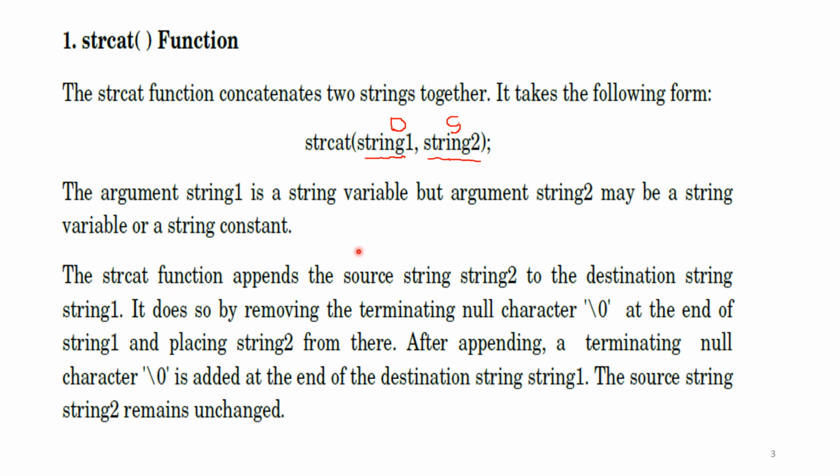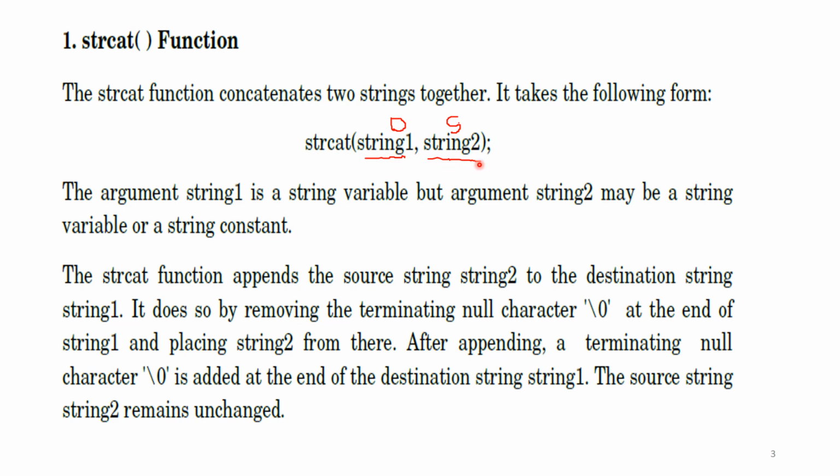The function does so by removing the null character at the end of string 1 and placing string 2 from there. The null character at the end of string 1 is removed and string 2 is attached from the place of the null character of string 1.